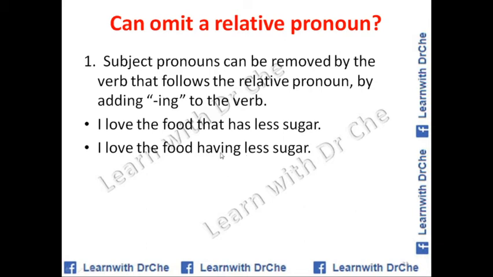No, we cannot use have here, or has, because when we are removing the pronoun, we need to use the ing form. I love the food having less sugar. If we say I love the food has less sugar, this would be wrong. Okay, we can say that has, or which has, or we can say food having less sugar.